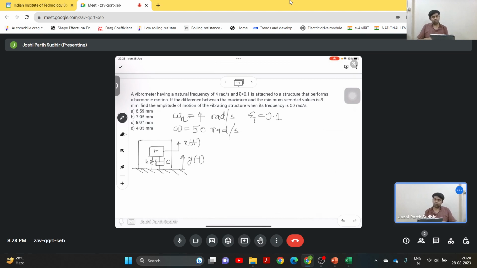So the difference between the maximum and minimum recorded values is basically twice the amplitude of Z. So let us say if Z is the recorded value and has some sinusoidal nature, the difference between the maximum and minimum values is, let us say, 8 mm.